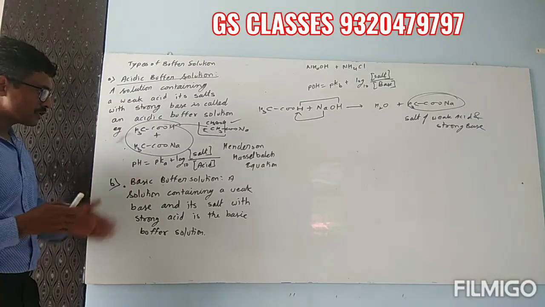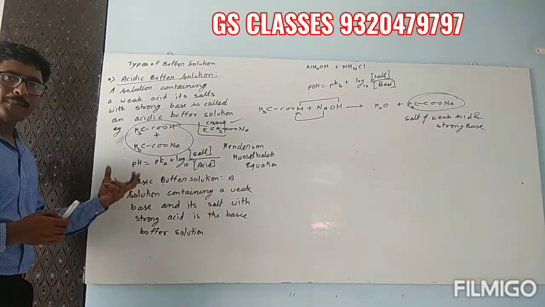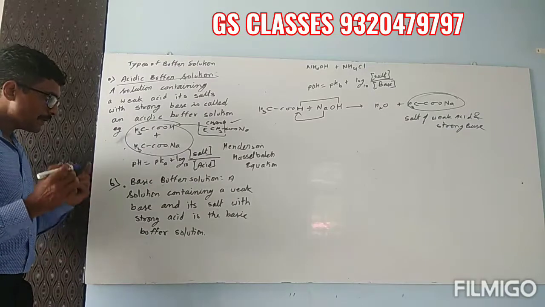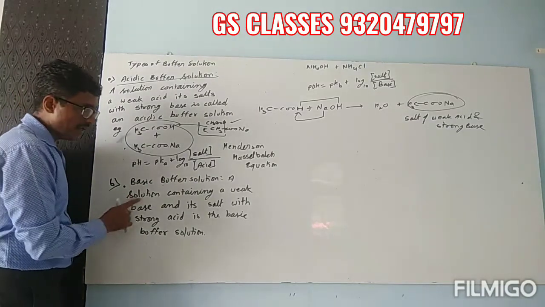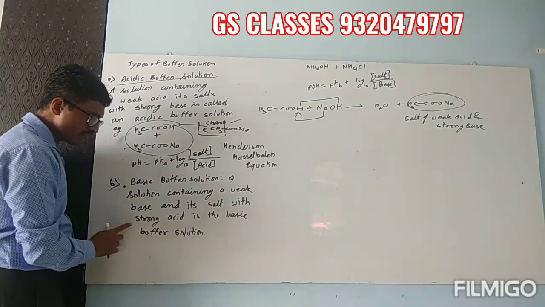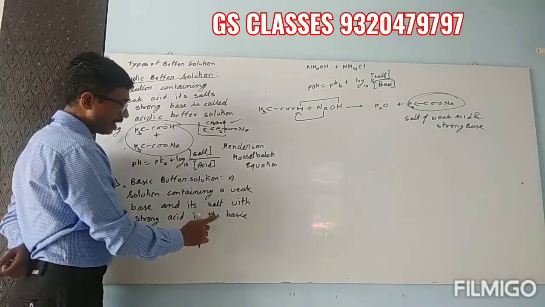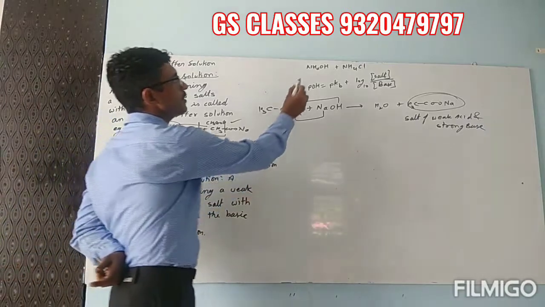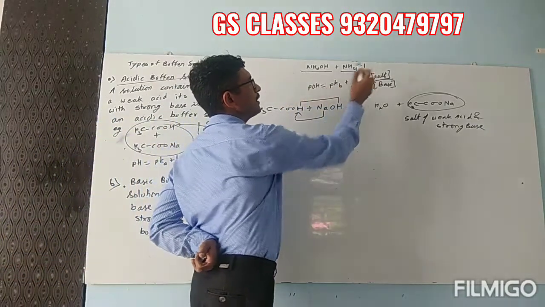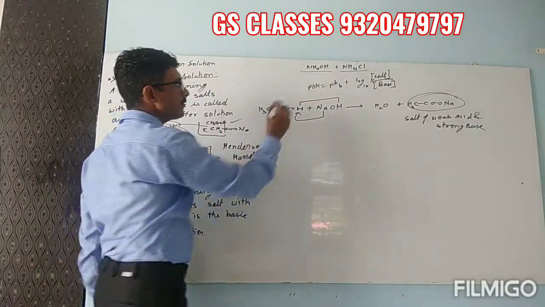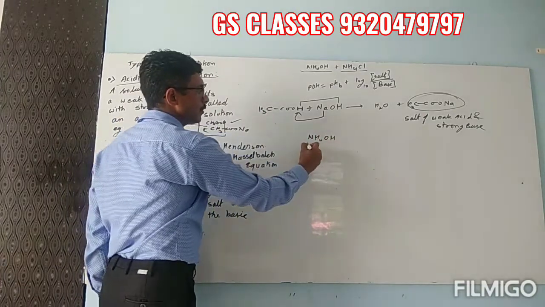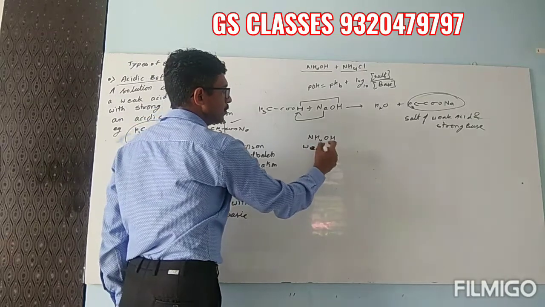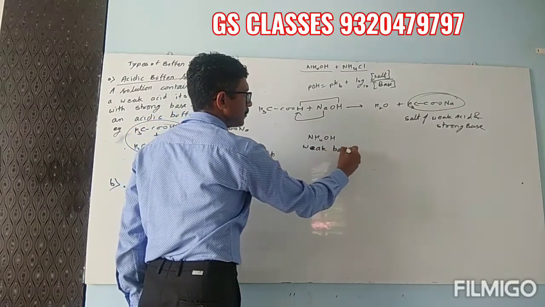Basic buffer solution. Of course, a basic buffer solution is prepared by using a base and its salt with a strong acid, and that is obtained by using ammonium hydroxide and ammonium chloride. Now see, ammonium hydroxide is a weak base.